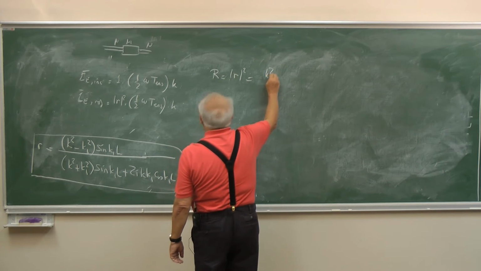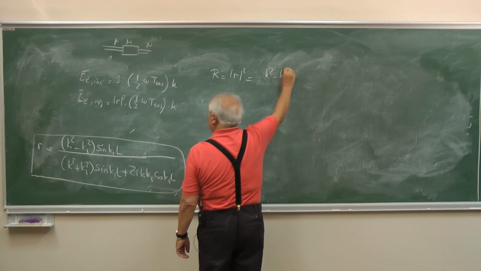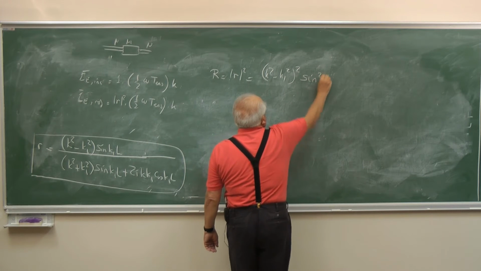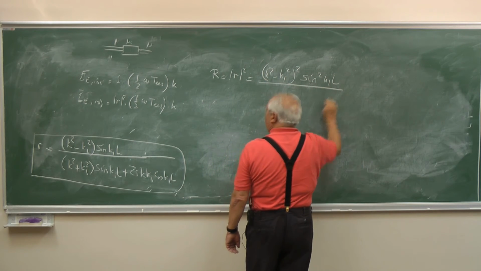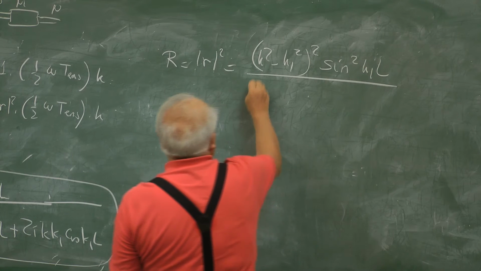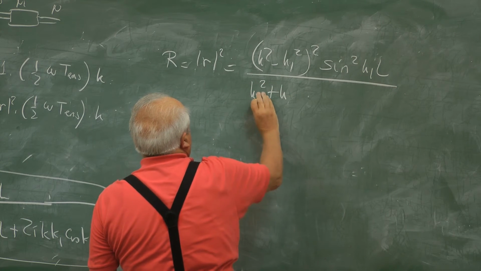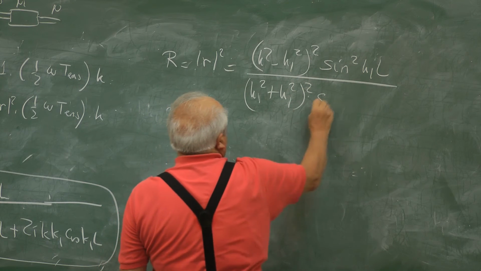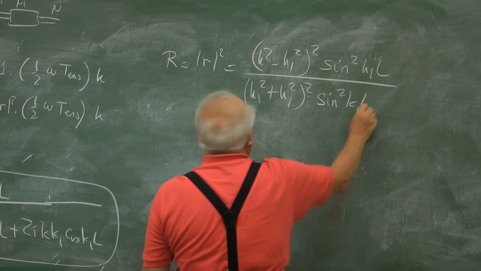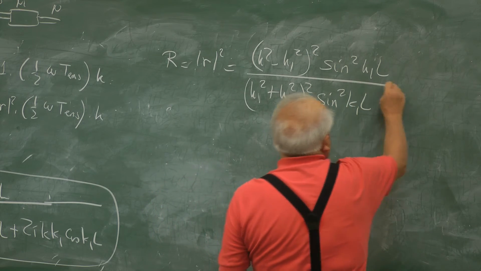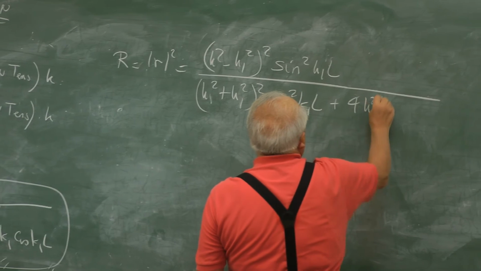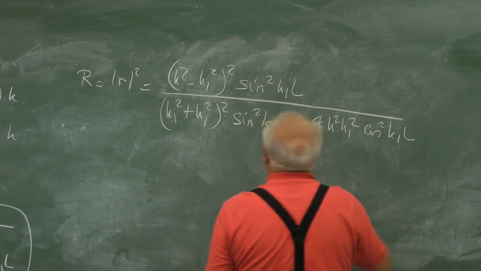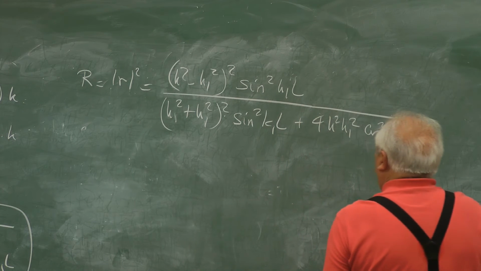K square minus K1 square, sine K1L, divided by K1 square plus K square plus K1 square sine square K1L plus 4K square K1 square cosine square K1L.